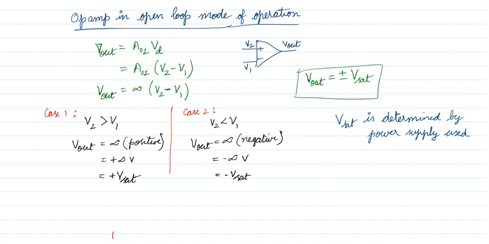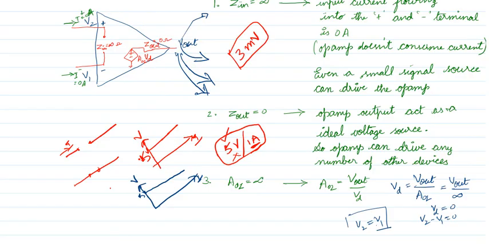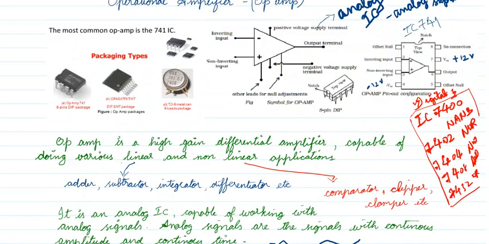But all the applications I have listed in linear operation, adder, subtractor, integrator, differentiator, logarithmic amplifier, will all be in closed loop mode. In open loop mode, we have only very few applications. Sorry, I made a mistake there.